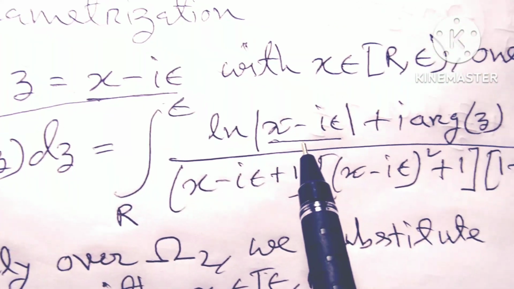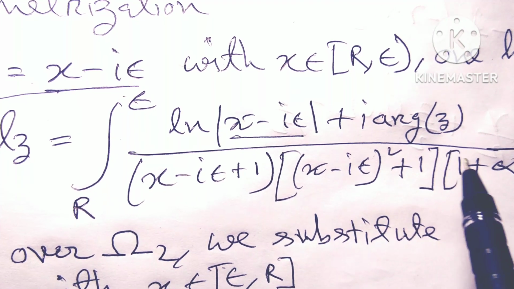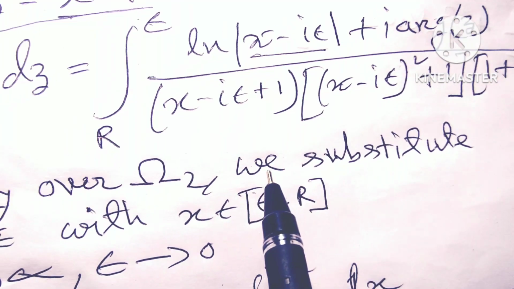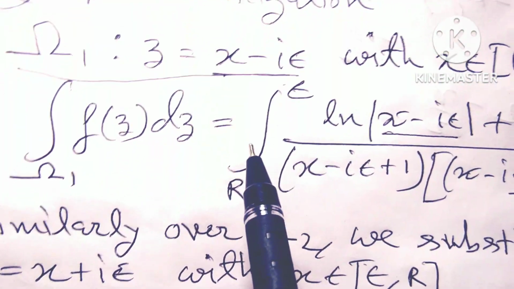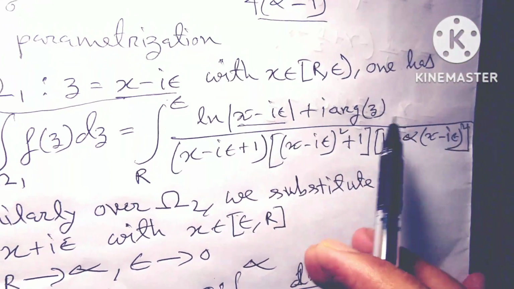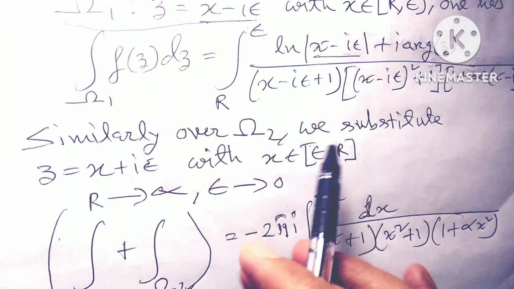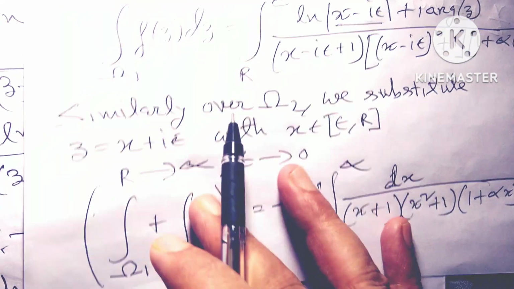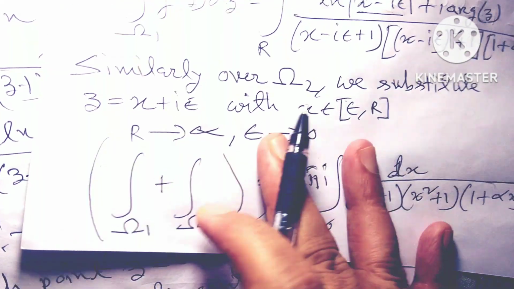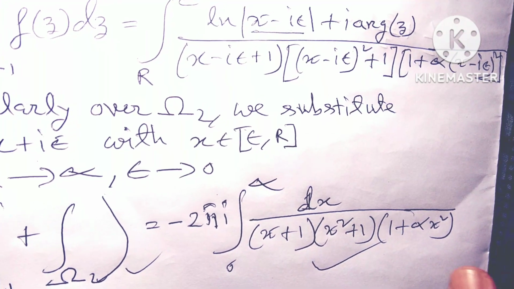So you get ln of x minus i epsilon, i argument z. I am putting the value z equals x minus i epsilon in the function f(z), so whatever I get, f(z) is this. And after that omega 2, x plus i epsilon. So I get the addition, this is my addition, minus 2 pi i, 0 to infinity.